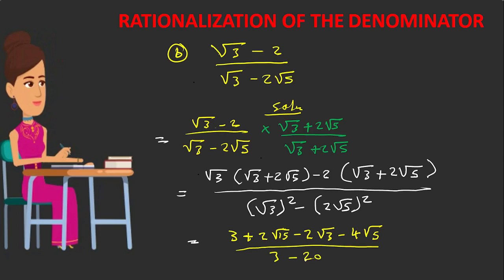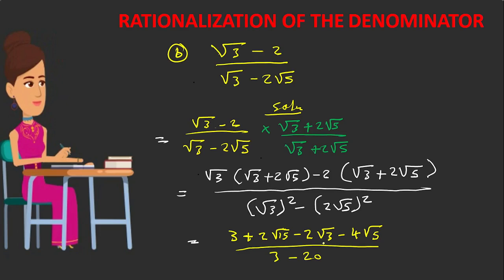So what we are going to have is 3 plus 2 square root 15, and then minus 2 square root 3 minus 4 square root 5 over 20.